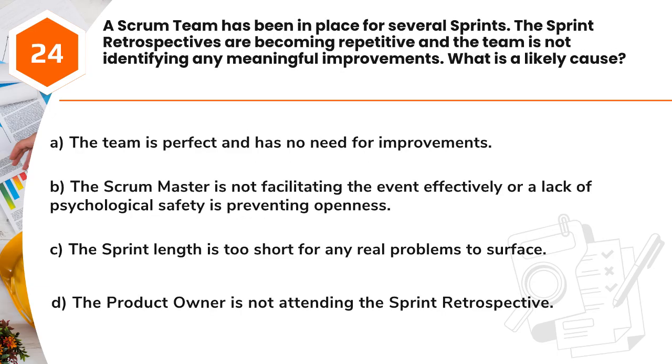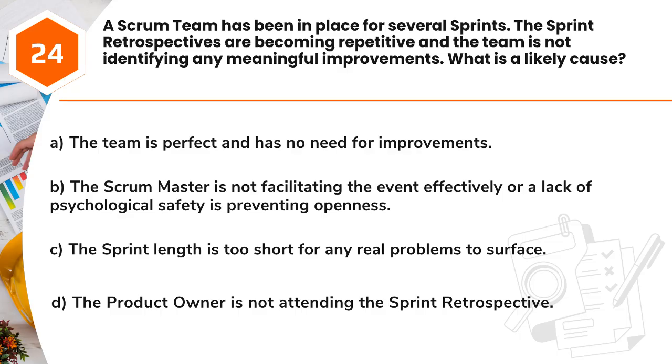Question 24. A Scrum team has been in place for several sprints. The sprint retrospectives are becoming repetitive and the team is not identifying any meaningful improvements. What is a likely cause? A. The team is perfect and has no need for improvements. B. The Scrum Master is not facilitating the event effectively or a lack of psychological safety is preventing openness.